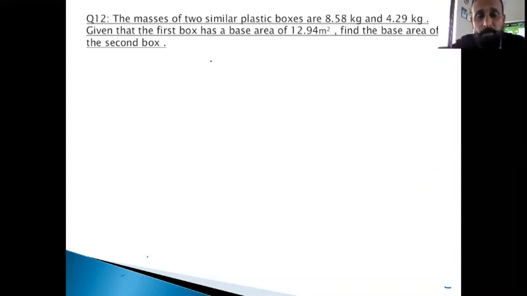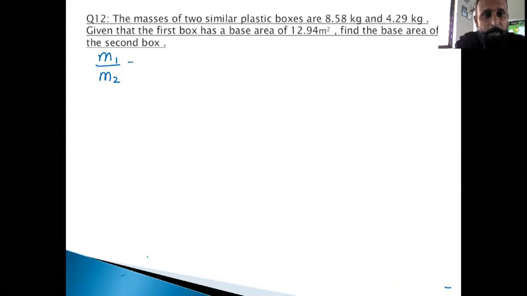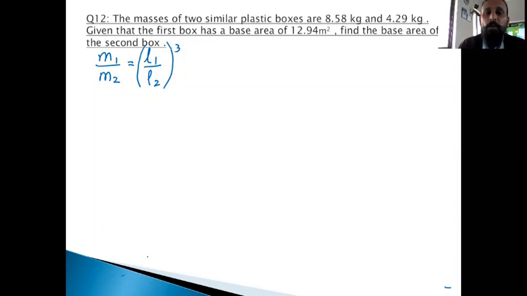I don't think so. Let's see what we have learned. We have learned that the ratio of masses M1 and M2 equals the cube of the ratio of their corresponding lengths. And when we talk about areas, what have we learned?